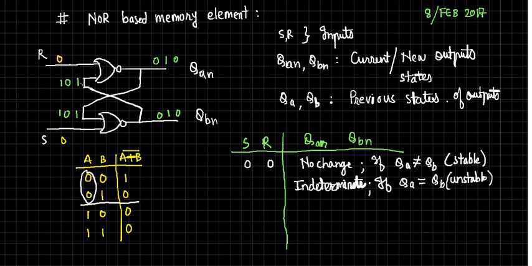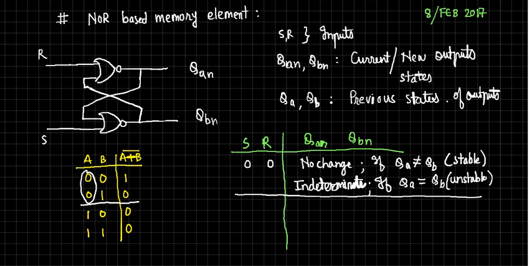Now let's erase this. Let's consider the next case. Consider the case where, you know, S, no, this is for 0 0, right?